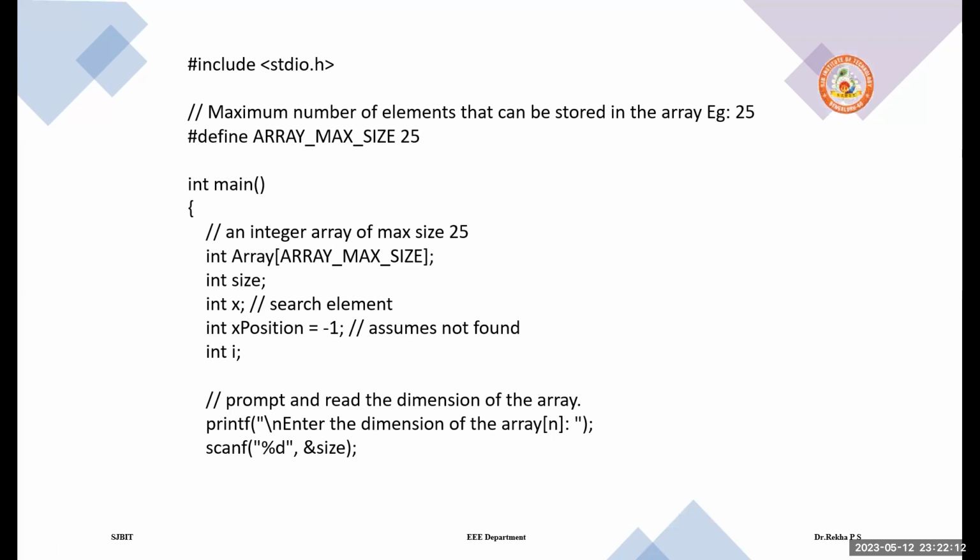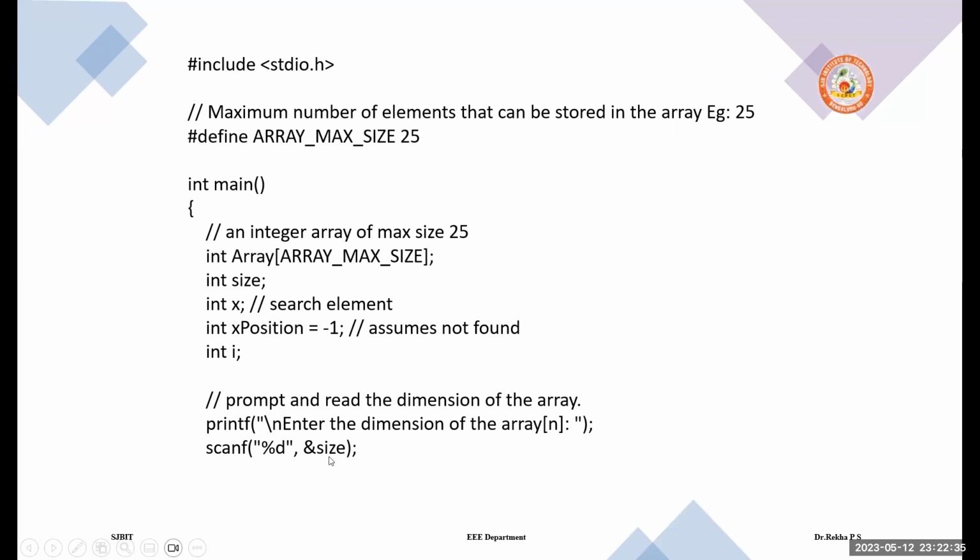Using the printf function, I'm asking the user to enter the dimension of the array. Whatever the user has entered will be stored into the variable called size using the scanf function.